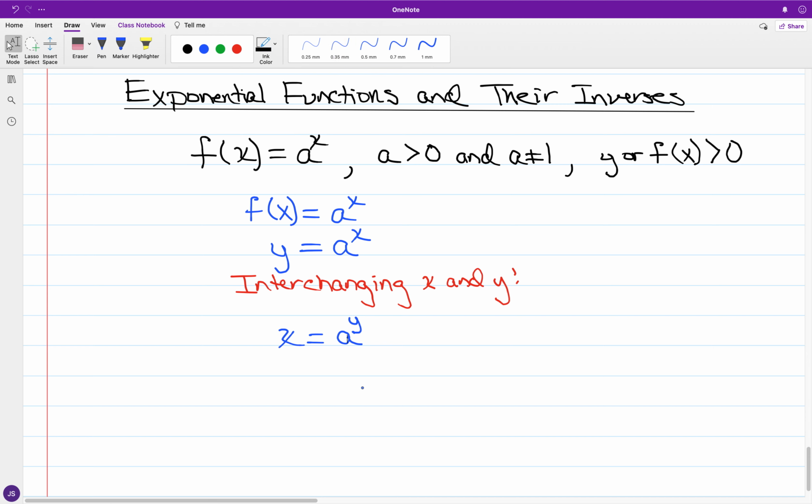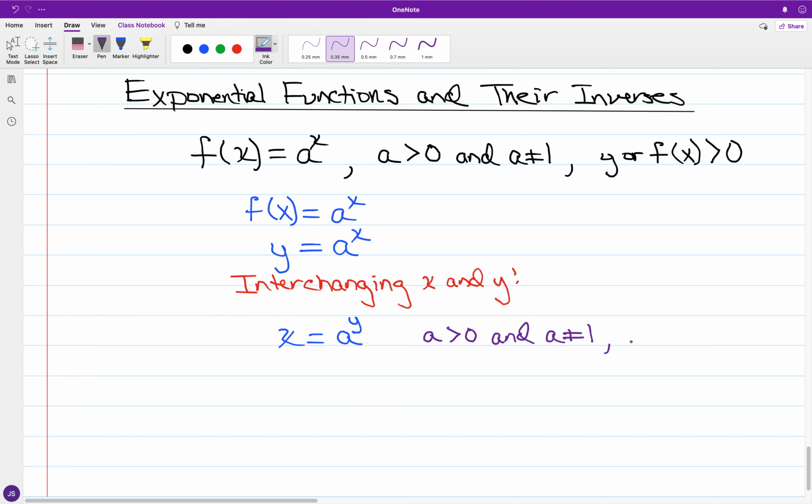Before I proceed, let me mention that we start out with a greater than 0 with the exception of 1, and we had that y is greater than 0. Now we still are going to have the same restriction for the exponential base a, because in spite of the interchanging, a still plays the same role.